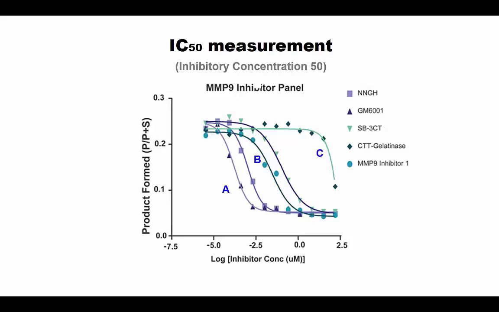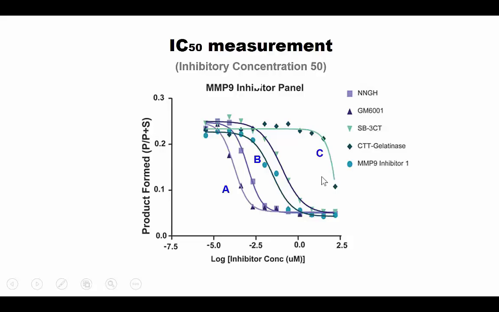Concentration, C, is usually expressed in molar concentrations. If this is 0%, this is 100%. The IC50 value should be defined by going around the half line here, and the IC50 value should come from this number, and then B should come here, C should come here.